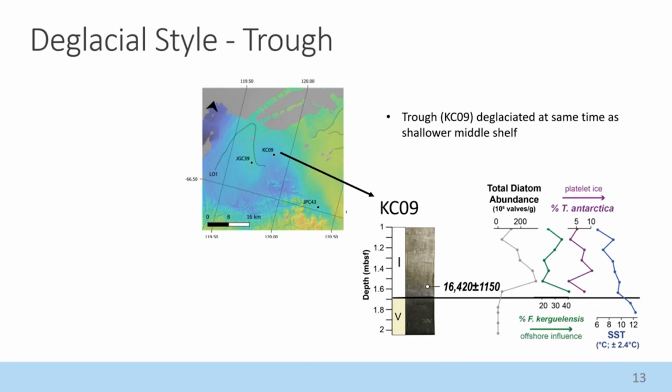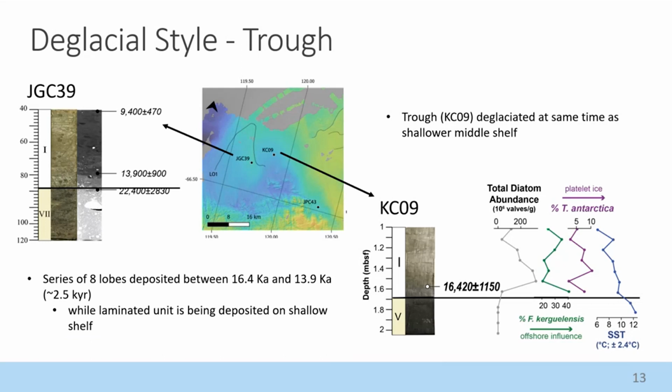And then looking in the trough, we see very similar things at KC9. And so we're assuming that ice deglaciated across the entire trough at about 16.4 thousand years ago using the KC9 age. And again, we see warm temperatures during the deglacial, and then we see this increase in ice cover or ice formation after deglaciation.